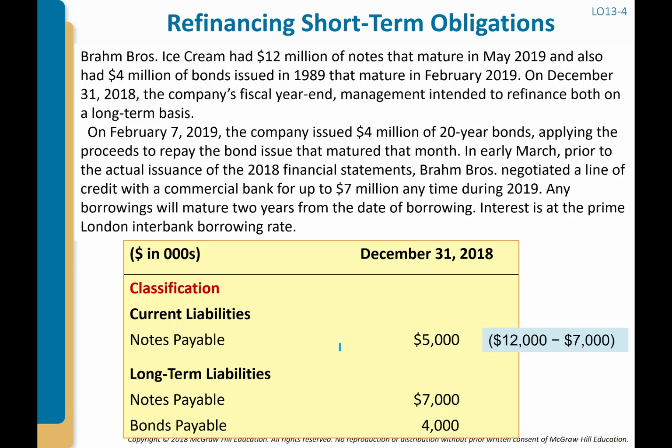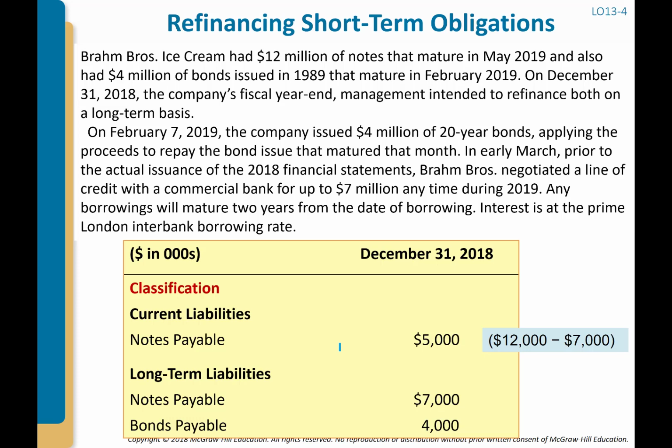Notice they're taking the $12,000 that was considered current, and since they've refinanced 4 of it so far, there's that 4 on the bonds payable. They're just showing the bonds payable down here as non-current, right?